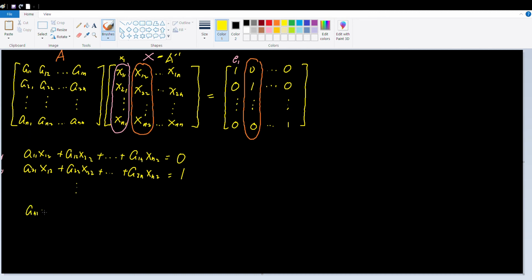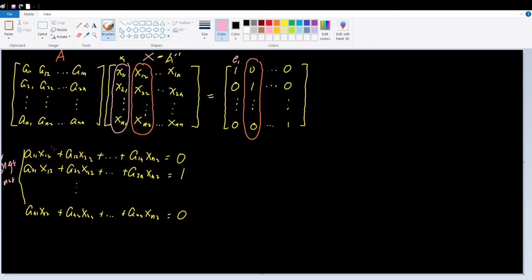An1 X12 plus An2 X22 plus and so on and so forth Ann Xn2 equal to 0. So we have here another system of n equations in n unknowns.